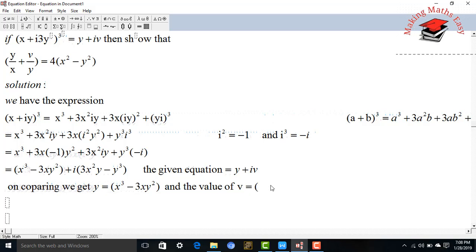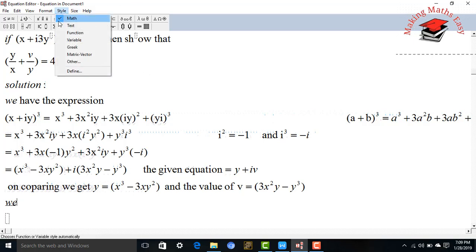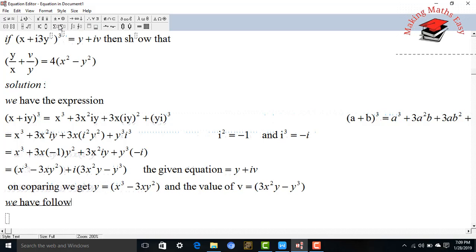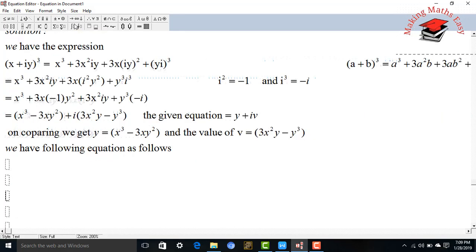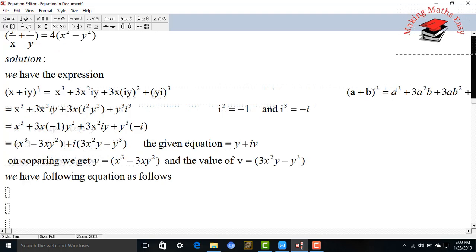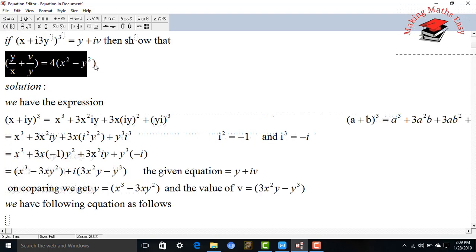So on comparing we got the values, and then we have the following equation as follows. So the equation we are having here is this.